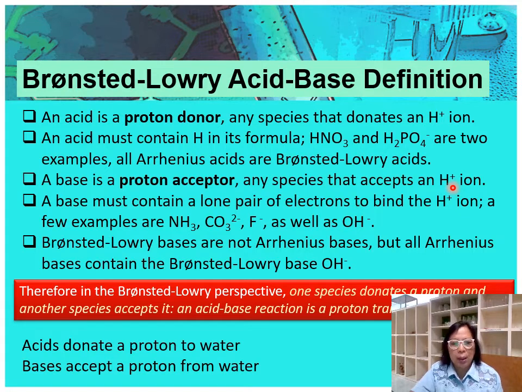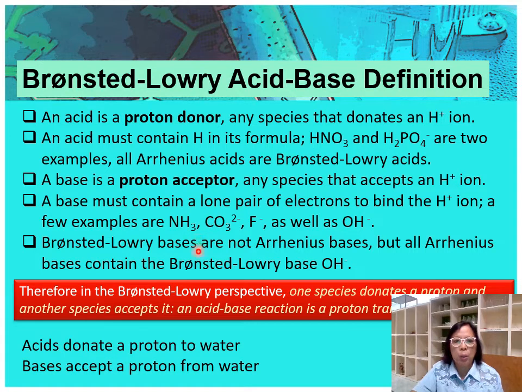So it implies that the base is negatively charged. An acid must contain H in its formula, and it is written at the beginning, before the next substance or the next compound. Whereas for the base, it contains OH, and it is usually written after the substance or the compound.